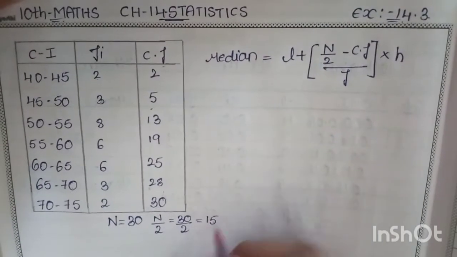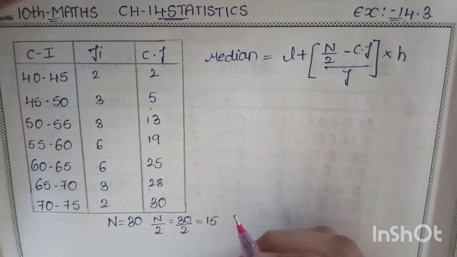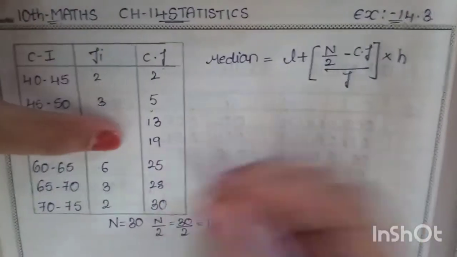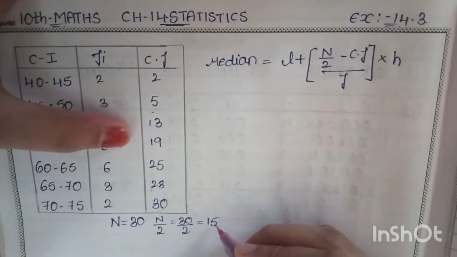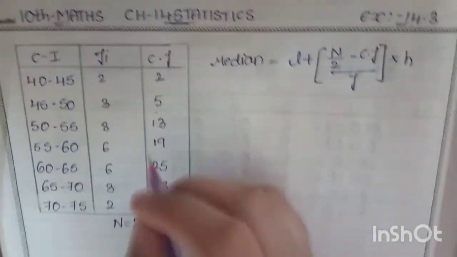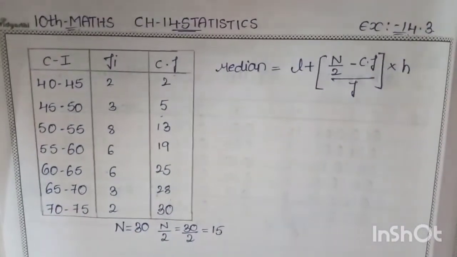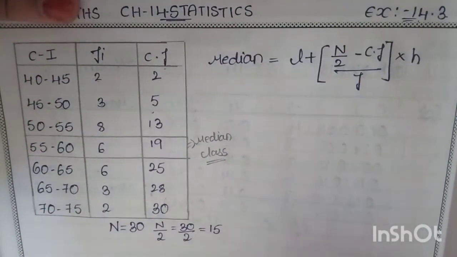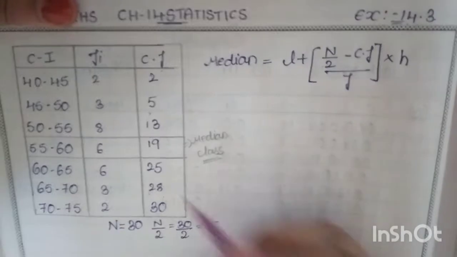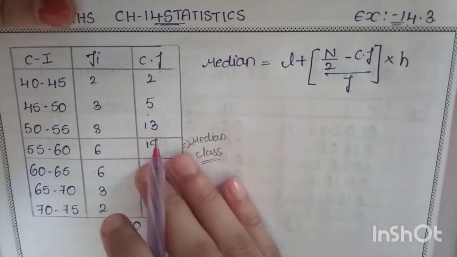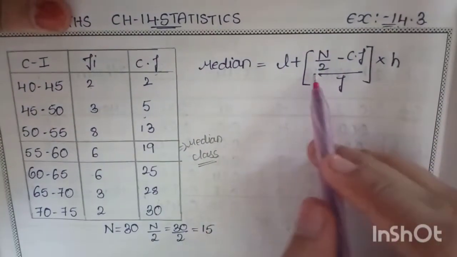If you observe, the value just greater than 15 in the cumulative frequency is 19. So this will be our median class. So from this median class you will be obtaining all these values.